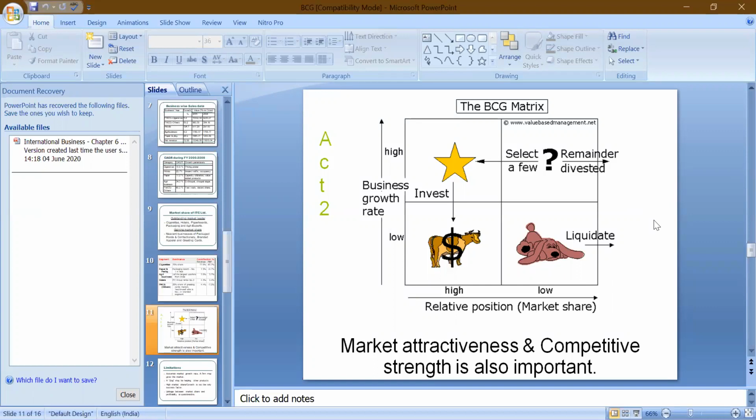And on the top of it, we see high business growth rate, relatively less market position or market share. We see a star. To the right of it, we see high market share and low market growth, probably a mature industry. We see a question mark. At the right extreme, we see a dog.